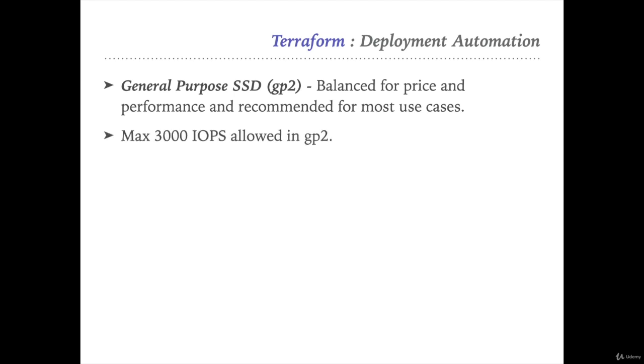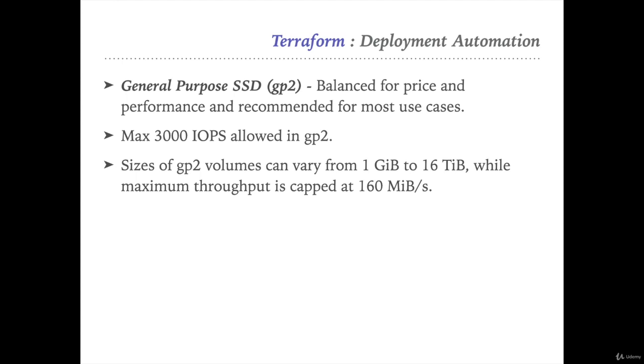The max input output operations allowed on GP2 is 3000 IOPS, and the size of GP2 may vary from 1 gigabyte to 16 terabyte, while the maximum throughput is 160 megabyte per second. That 160 megabyte per second throughput is about the bandwidth which you want from your hard disk.